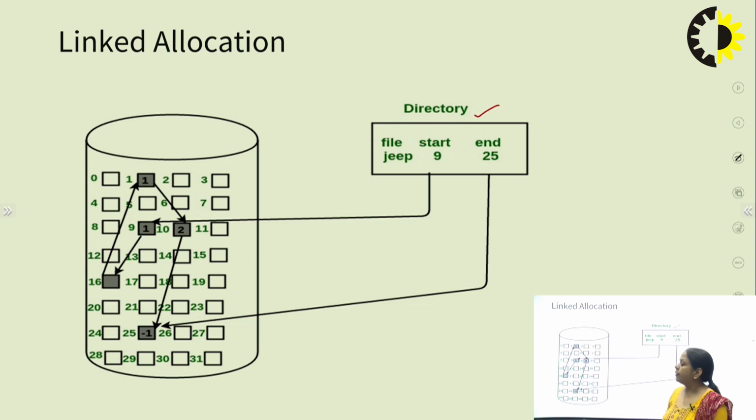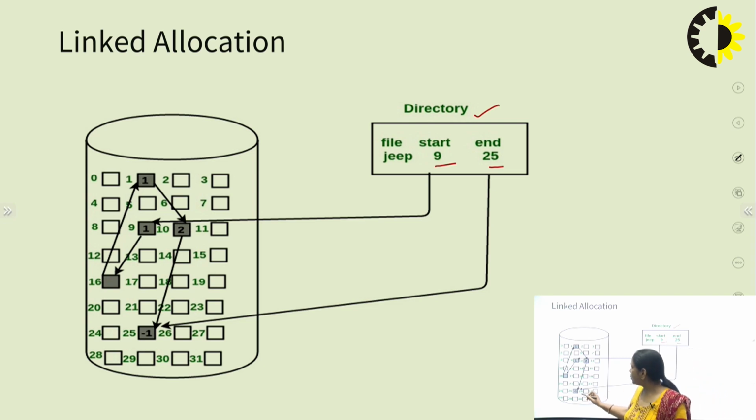In this case, we have only one file, which starts from the 9th block and ends in the 25th. So we don't store the length of the file here. We store the starting and end blocks. Here you can see G is stored from the 9th block.